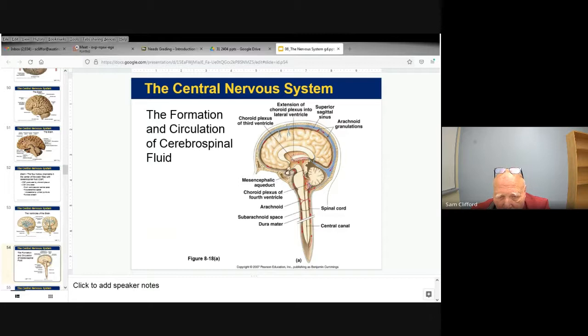So this is a connection between the third and the fourth ventricles. The choroid plexus of the fourth ventricle is an accumulation of blood vessels within the structure of the ventricles to produce cerebrospinal fluid. So the circulation of that fluid around the brain and into the spinal cord and back into the lateral ventricles, the third ventricle and the fourth ventricle, cushions and supports and is very important for brain function.